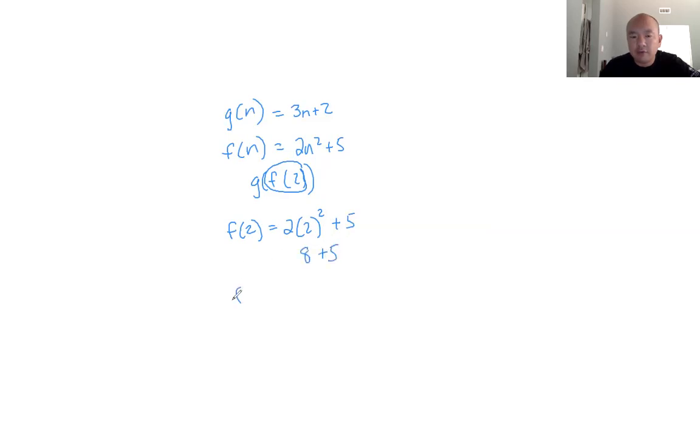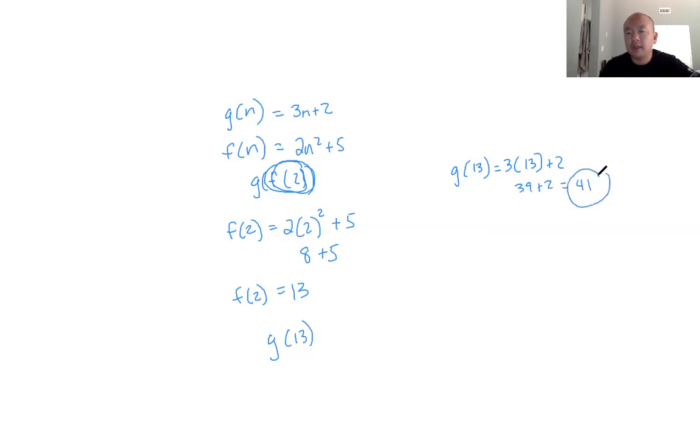So F of 2 ends up becoming 13. So now instead of putting F of 2, you could just put G of 13. So now how do I find G of 13? Well, I'm going to plug in the 13 for the n, so G of 13 is equal to 3 times 13 plus 2. So 3 times 13 is 39 plus 2, that will equal 41. And that is your final answer.